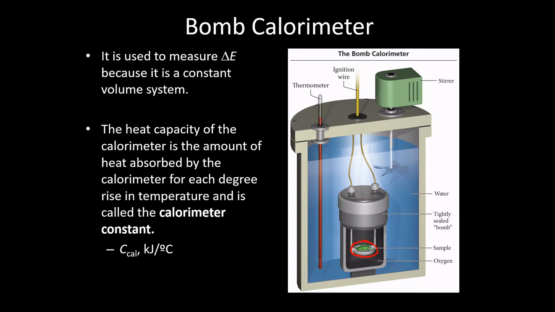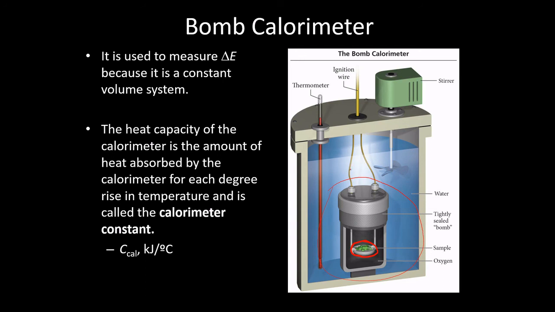When it does that, the heat that's released goes into the water that's around the calorimeter here. And as that water heats up, you measure the temperature change, and you know exactly how much water is in here. So you know exactly how much water is present.